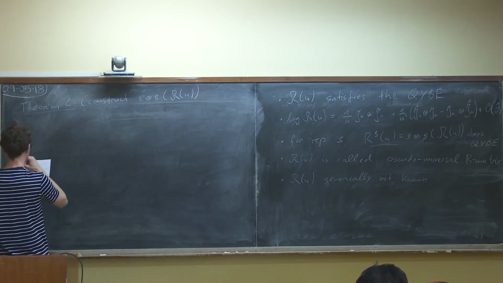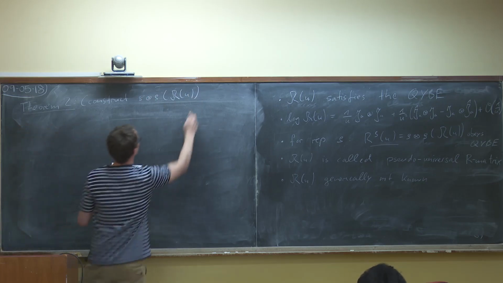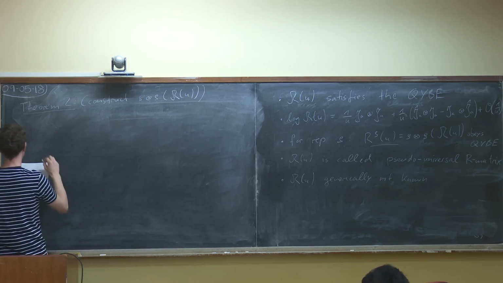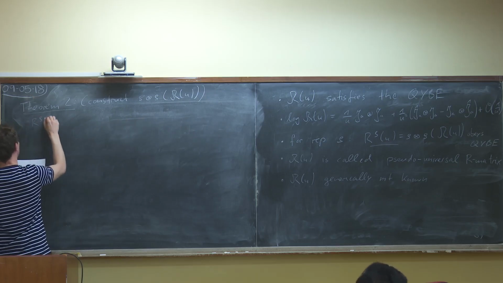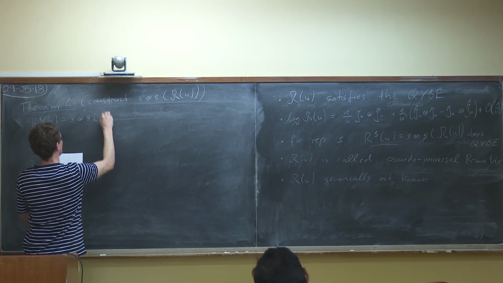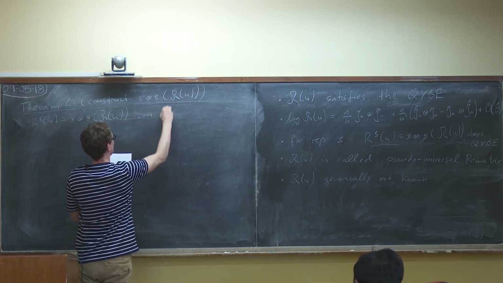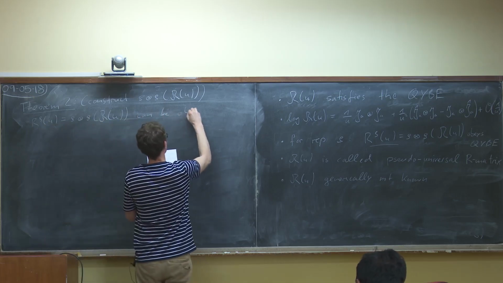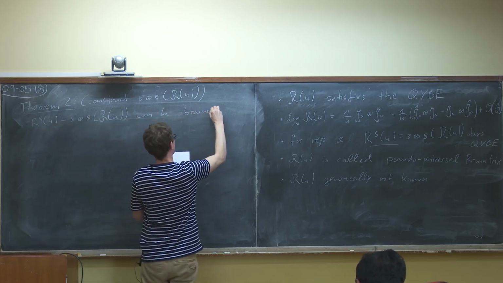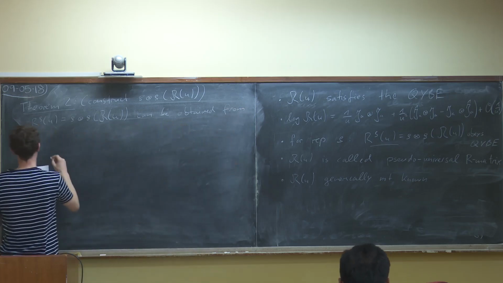And the statement is that this R rho of U, being rho times rho R of U, can be obtained from the following constraints.